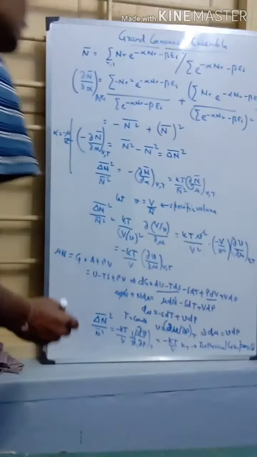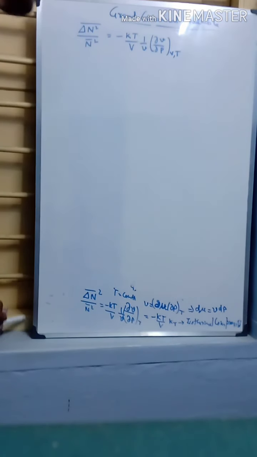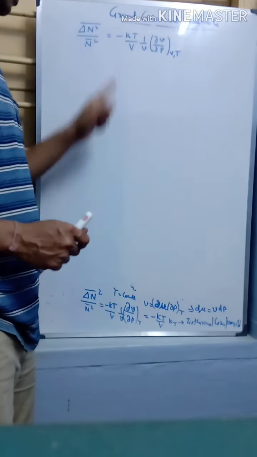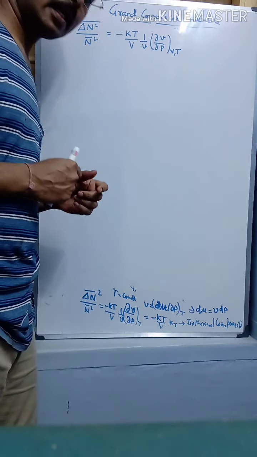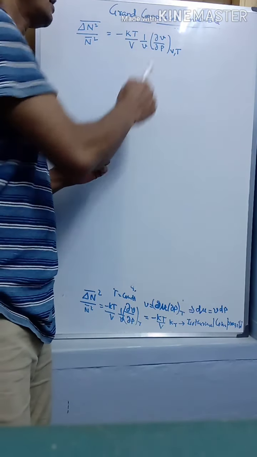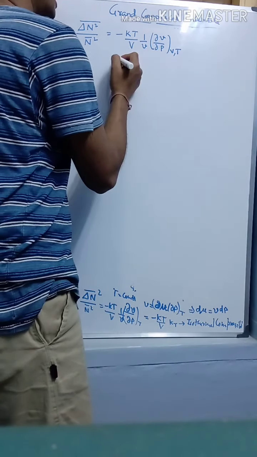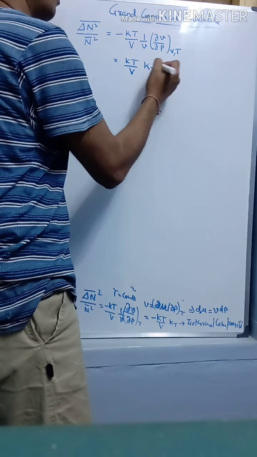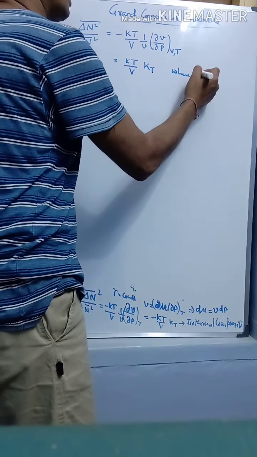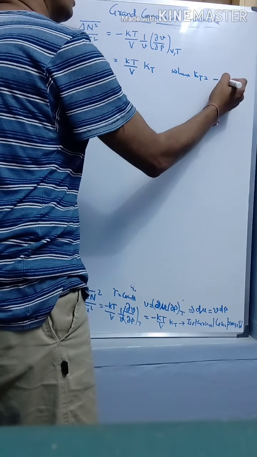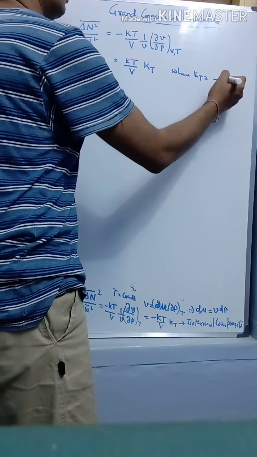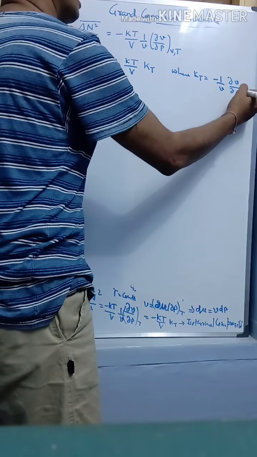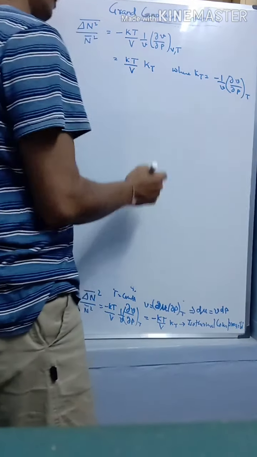Now we can talk about this. I have written the mean square relative fluctuation as what I have derived, minus kT by V, 1 by V del V by del P, and this can be written as kT by V into the isothermal compressibility, where kappa T is equal to minus 1 by V del V by del P at constant temperature.